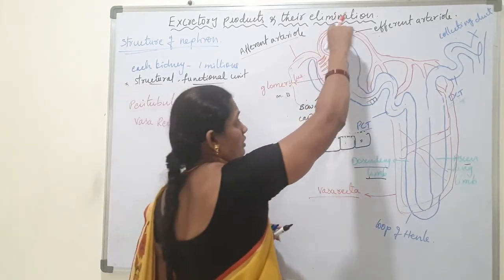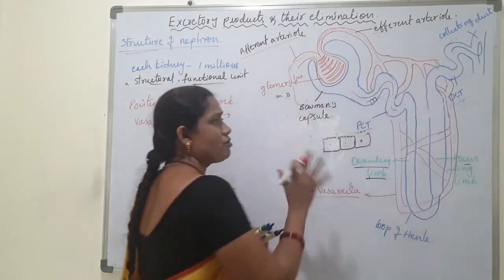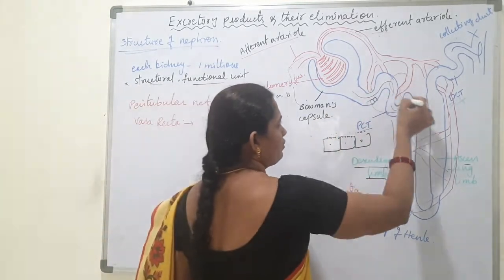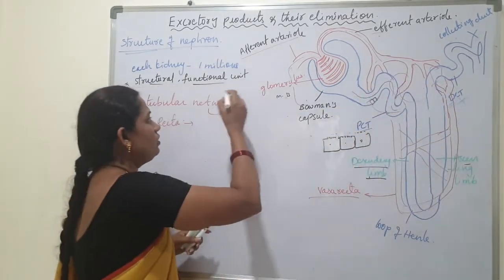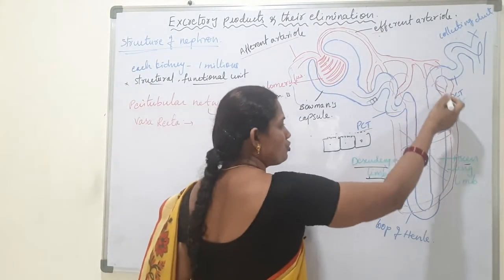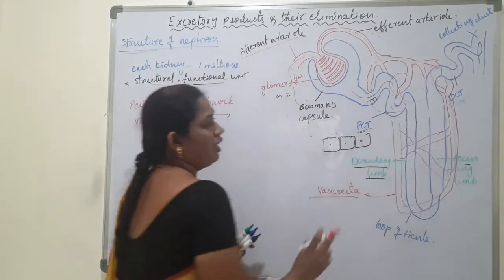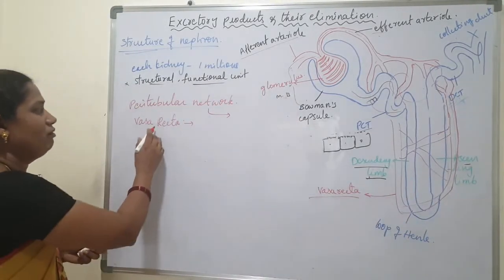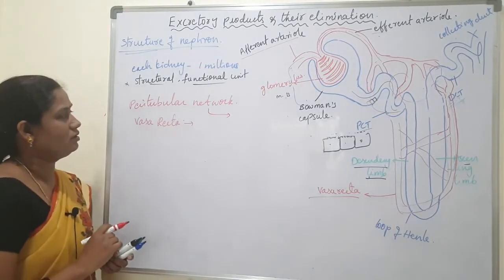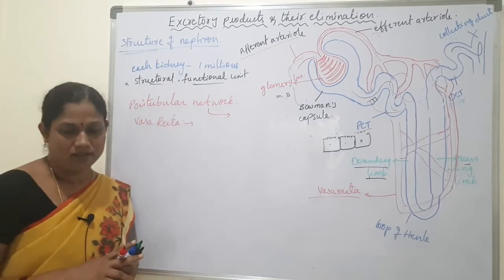After that, the efferent arteriole divides into many branches forming a network, called the peritubular network. From this network, some tubes arranged along the Henle loop are called vasa recta. So this is about the peritubular network and vasa recta.